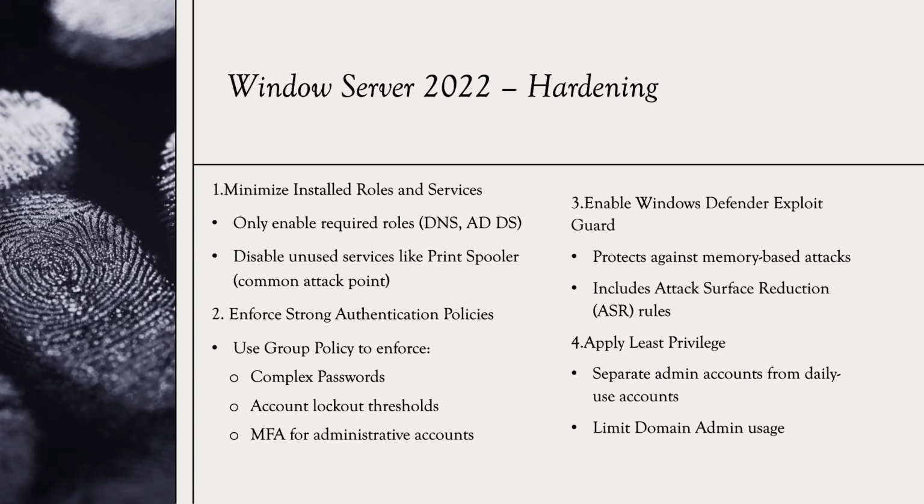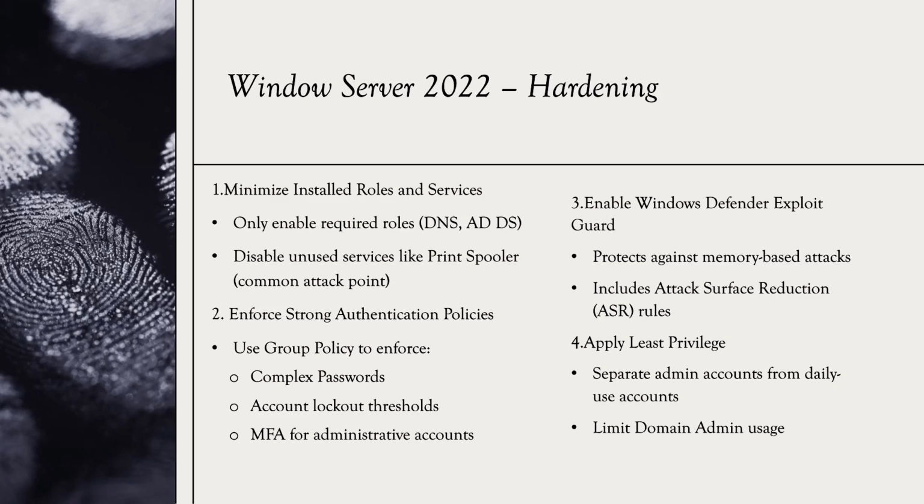Windows Server 2022 hardening. Hardening Windows Server starts with reducing the attack surface by only enabling the roles and services that are required. Unused services, such as the print spooler, are often targeted by attackers and should be disabled when not needed.